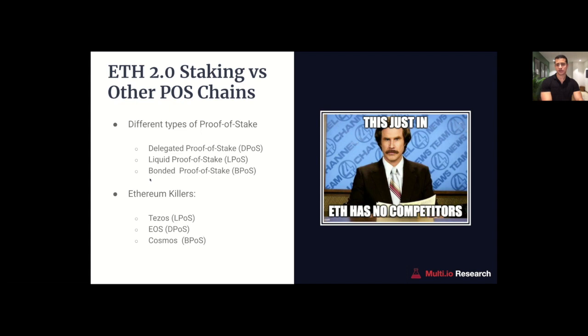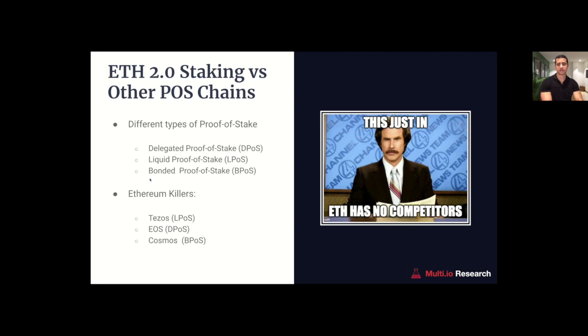Tezos raised $232 million to build their liquid proof of stake consensus model. Liquid proof of stake allows holders of Tezos tokens to delegate their stake to bakers, and bakers are the block producers in the Tezos ecosystem. The bakers can join the network at any time and gather support from the community to get more delegators, and these delegators increase their chances of being awarded the opportunity to mine the next block.